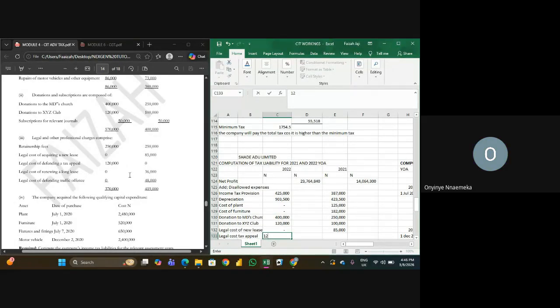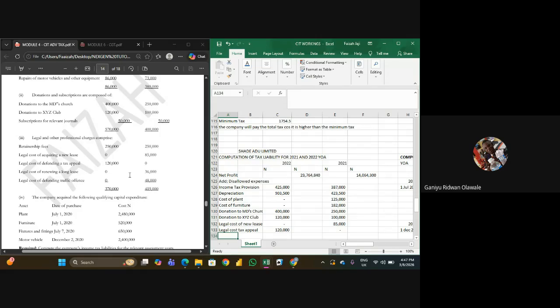How about retainership? The legal cost of a retainership fee is an allowable deduction. But the legal cost of renewing a long lease is capital in nature, so that is disallowed.